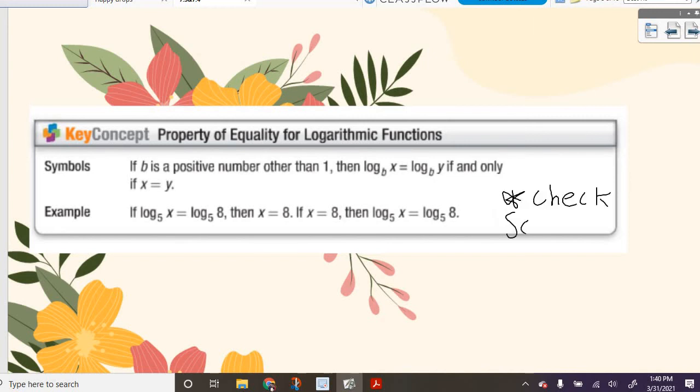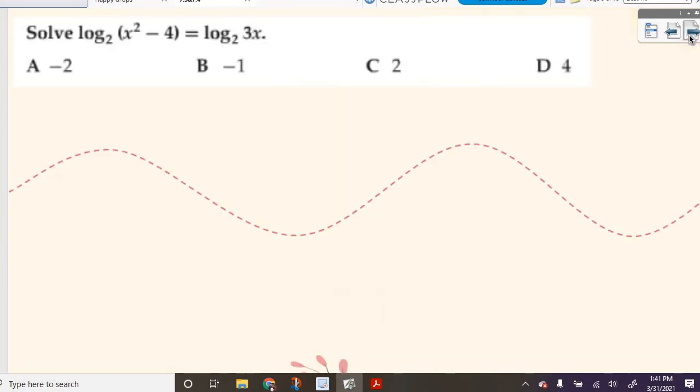The reason for that is because, remember, if I have log base anything of x, that x has to be greater than 0. So we need to check and make sure whatever we're plugging in and we get inside of our logarithm, it has to be positive because of that domain restriction.